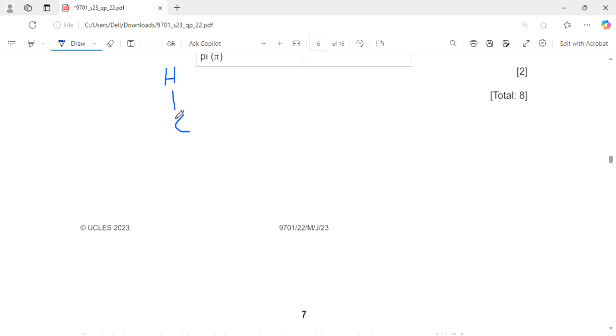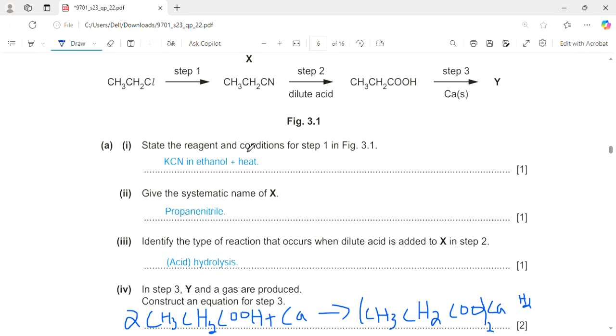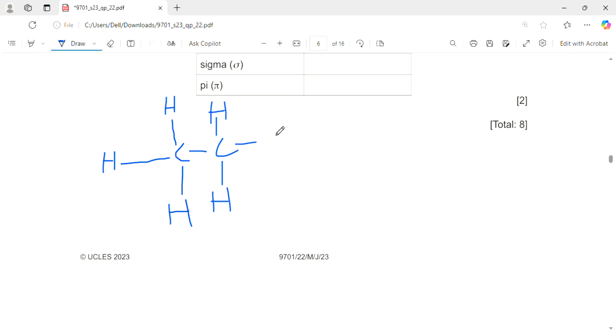CH3, CH2, and CN. We all know that C makes a triple bond with N. So here is the structure of propanenitrile.